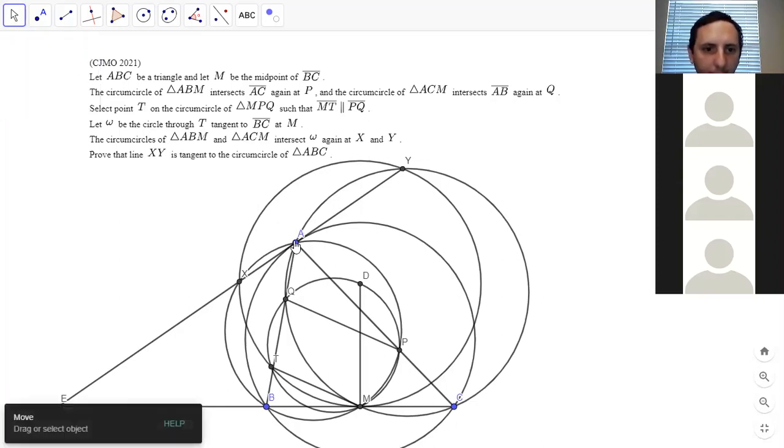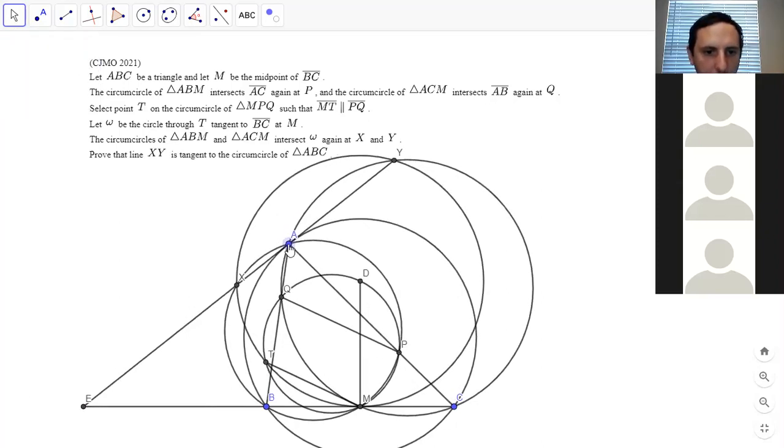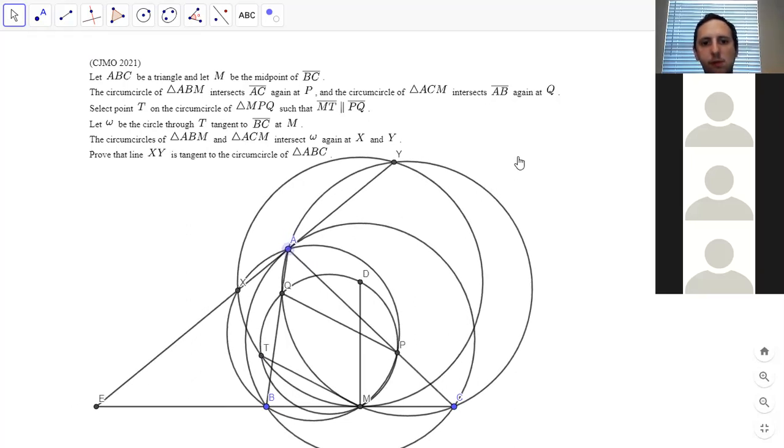So I'm just going to move things around a little bit so it doesn't look like that. Okay, so maybe first we could show X, A, and Y are collinear, and then we could show they're tangent.